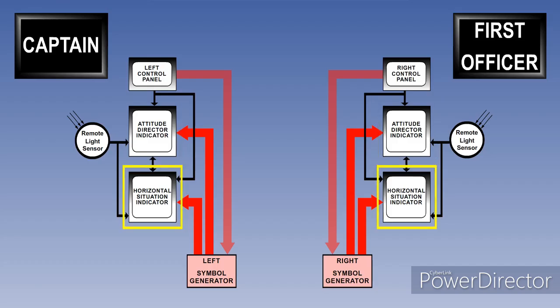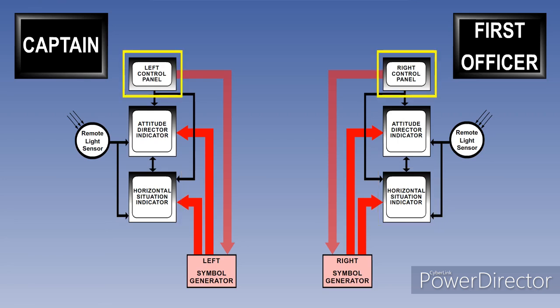There is also an EHSI, as Boeing call it. Airbus call it a navigation display, or ND. However, you should be prepared to see EADI and PFD used interchangeably, and the same with EHSI and ND. Also, other manufacturers may use either term.